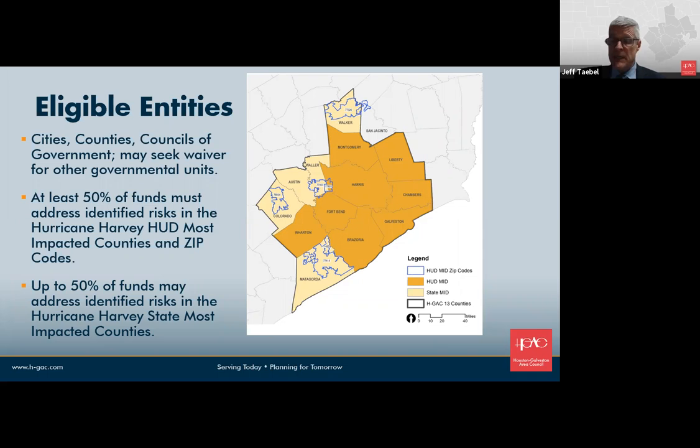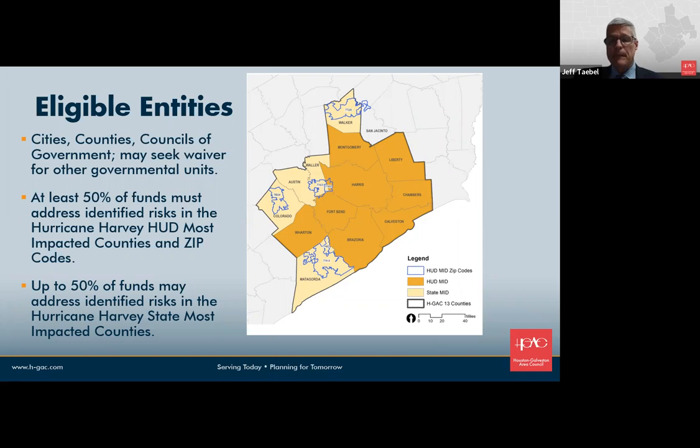The main reason being that there are hundreds of those other units of special purpose governments in the region, and developing a formula to allocate among all of those, as well as the 13 counties and 134 cities, would be a very difficult task. But I will note that cities and counties may indeed work with those other governmental entities on projects with their allocation.